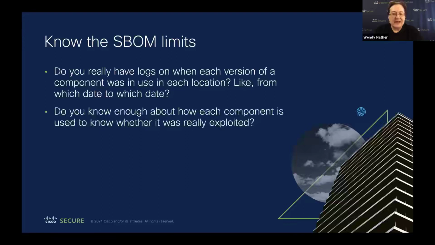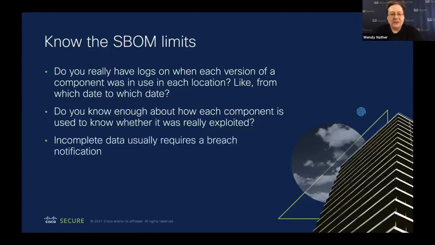So the downside to this is that if you have incomplete data, and you can't find the answer, you can't prove a negative, it usually means that to be on the safe side, you have to do a breach notification. So suddenly you're in the position where your legal people are saying, well, we have this concern because there was this vulnerability announced associated with this SBOM.